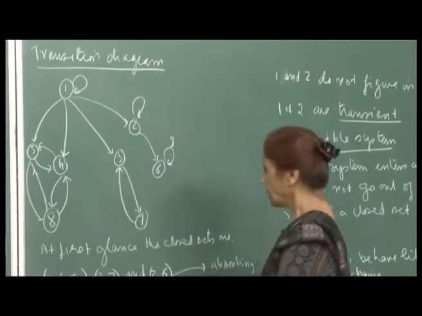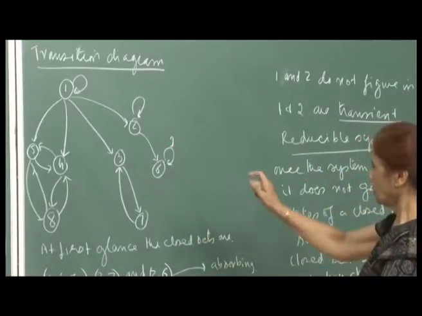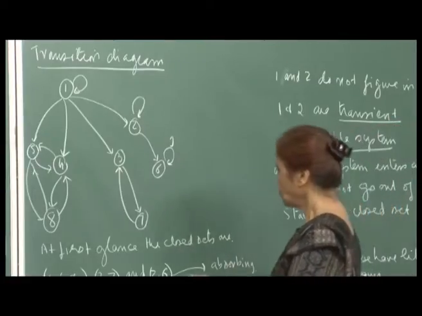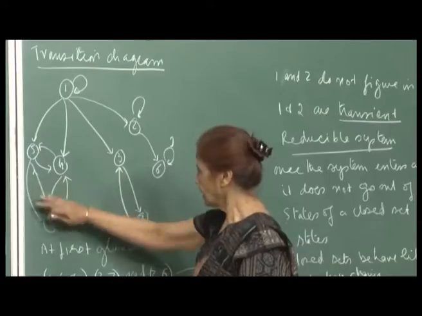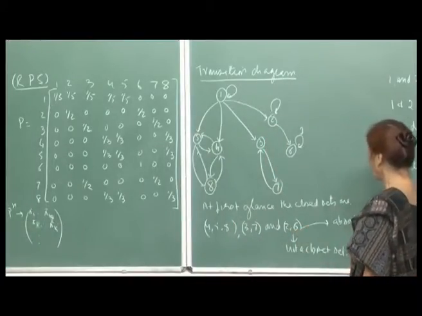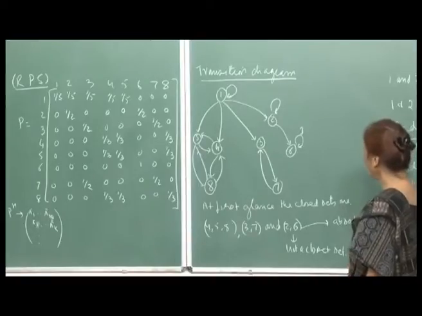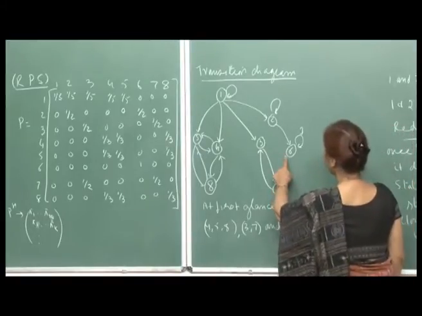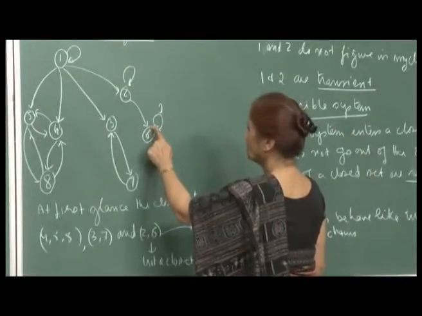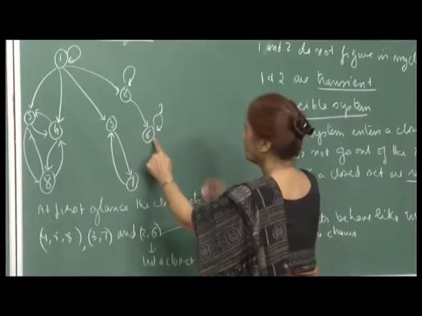So, fine. Now if you just glance at this transition diagram, you will see that 4, 5, 8 are connected, 3, 7 are connected, and you may say that 2 and 6 are connected. But then when you go further, you see that there is no arc from 6 to 2, and when you reach 6, the probability of coming back to 6 is 1.